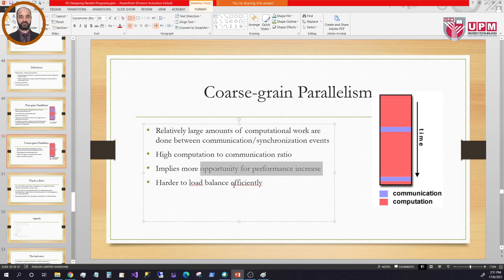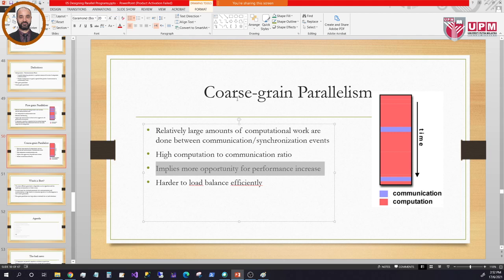It will improve somewhat compared to the sequential, but that improvement is not because we made it coarse grain. So if we follow this point, that means whenever we make the program coarse, the performance will increase. But this is not true. Okay?